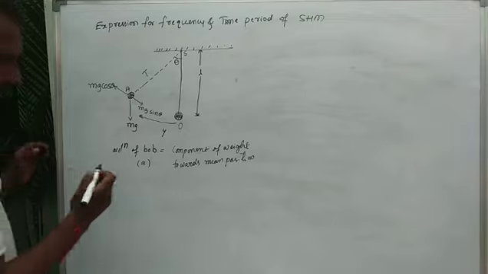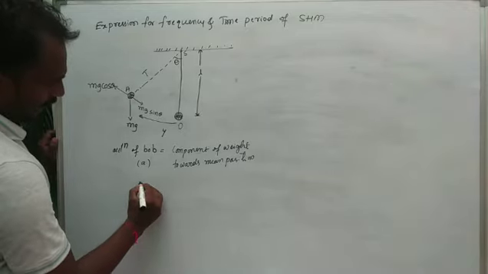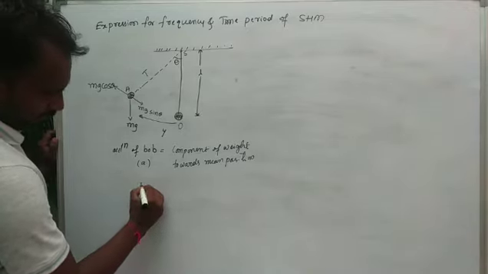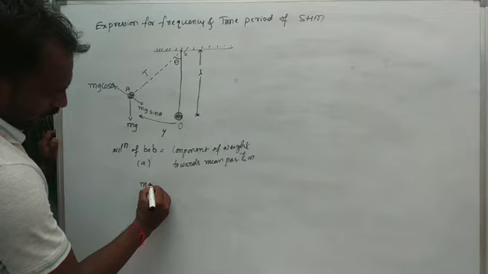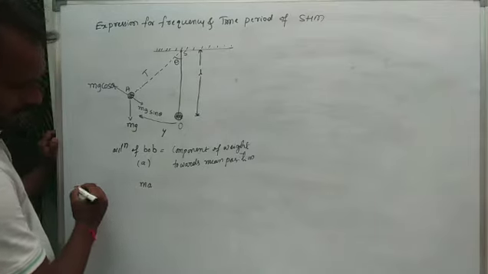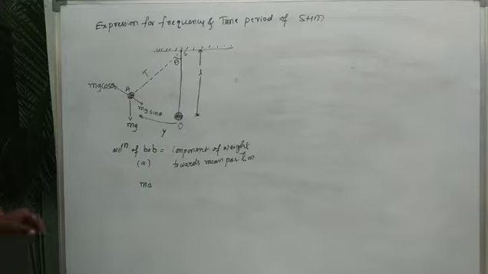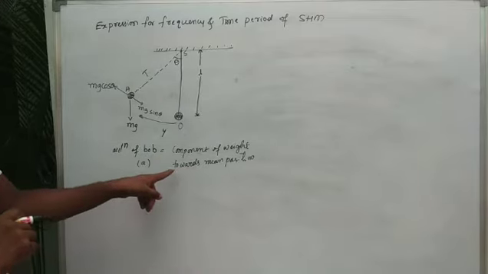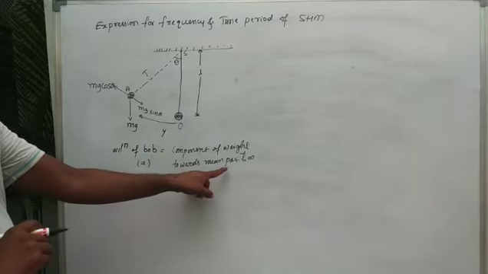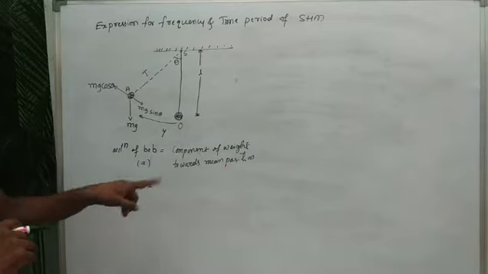So here, the acceleration A, being the component of weight towards the mean position, gives minus mg sin theta.